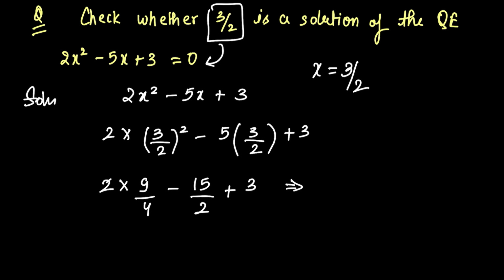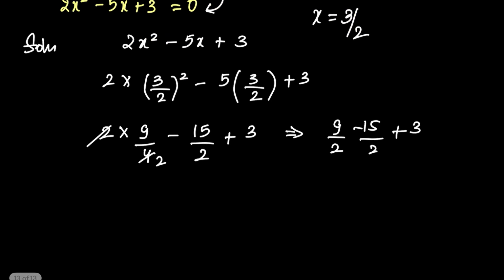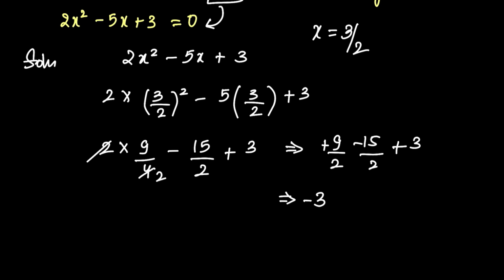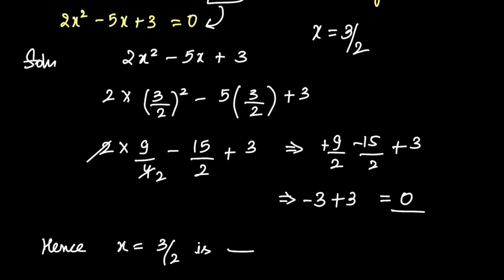This becomes 9 by 2 minus 15 by 2 plus 3. 3 minus 3 plus 3. It is equal to 0. Hence, x equal to 3 by 2 is a solution of the given equation.